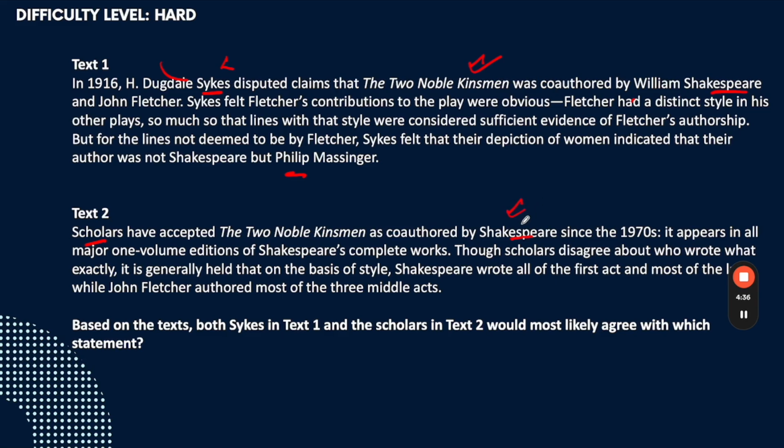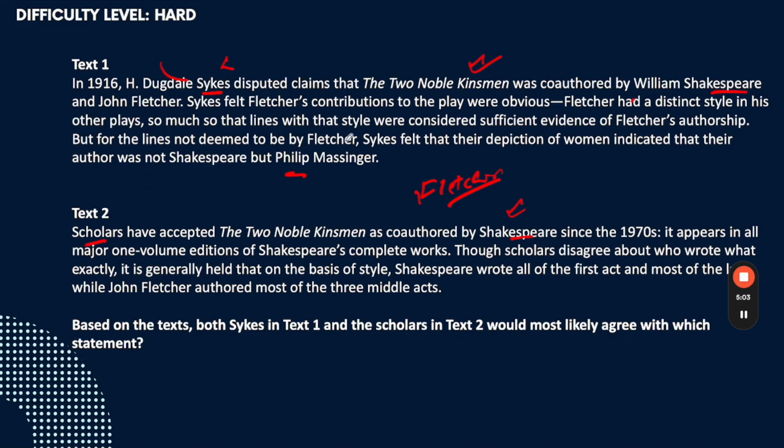He did co-author the book, and of course, Fletcher is also a part of the book as per the scholars. Now, we are not supposed to identify what they disagree with. What we're supposed to identify is what it is that they both agree with. So one thing is quite evident: they both think that Fletcher was definitely a part of the book. This is something that the scholars and Sykes both agree with.